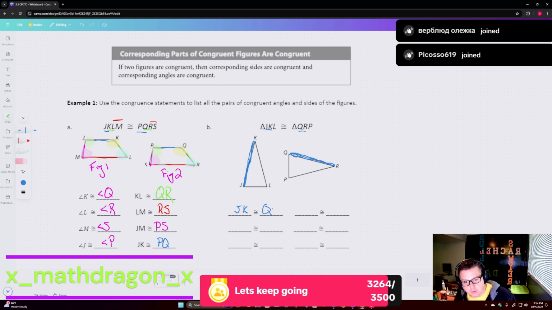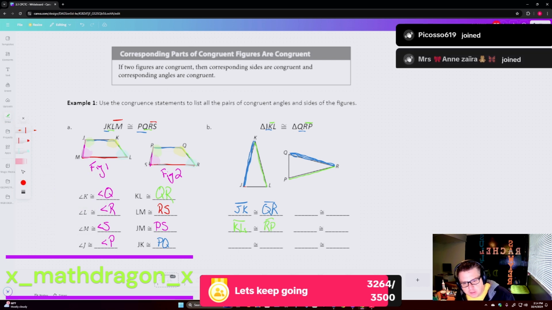So it's going to be Q to R. And these are segments. And then we will go K to L. K to L is my next segment. So when I look at that, K to L is going to be R to P. And I'm just looking at the letters and the orientation. So K is in the middle, then L is at the end, R is in the middle, P is at the end. So you have to think about it in that regard.